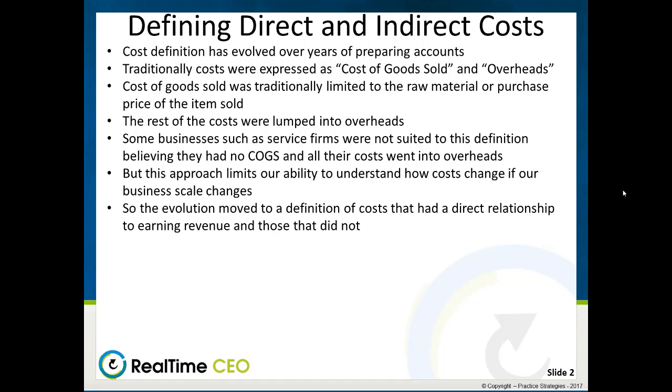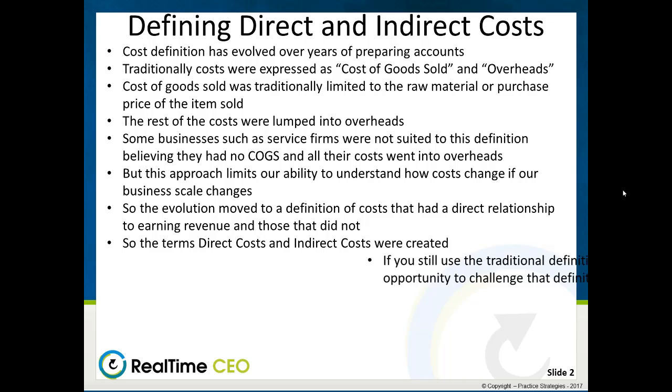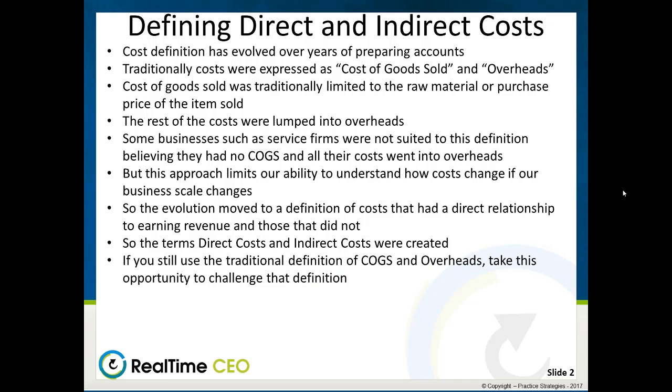So over time, the definition of costs evolved to costs that had a direct relationship to earning the revenue and those that did not. And so were born the terms direct costs and indirect costs. If you are still using a traditional definition of costs on your income statement, maybe this is a good opportunity to challenge those costs prior to coming into the Real-Time CEO app.